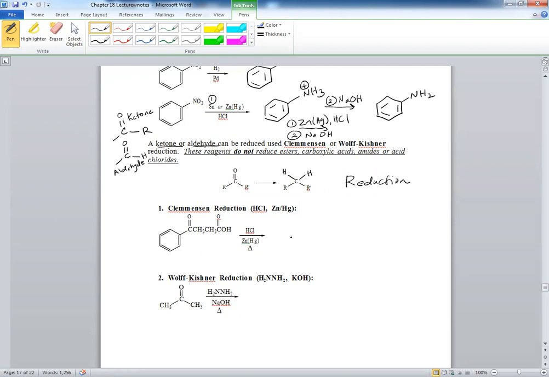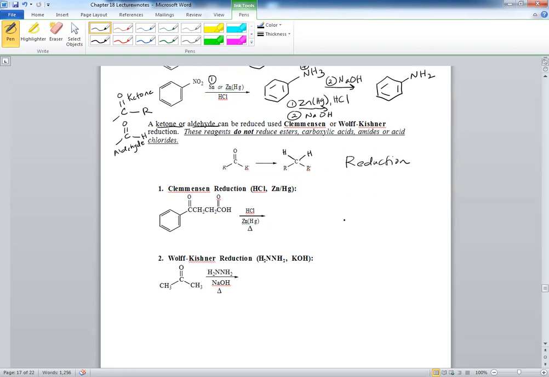Now there are 2 methods, and you have to know both. The first one we kind of mentioned here is called the Clemmensen reduction. Be careful once again, you are only reducing the ketone or the aldehyde.